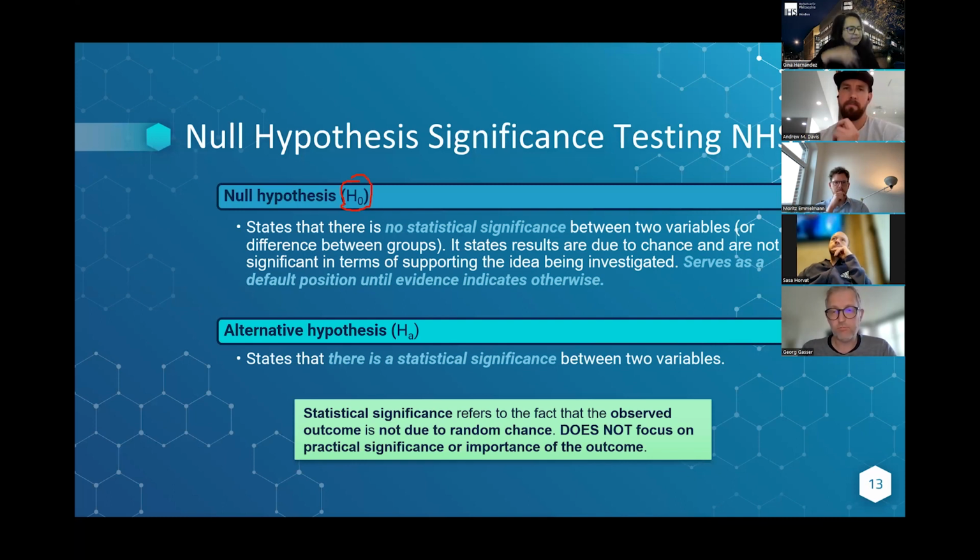Let's say we are testing 10 participants attending psychotherapy, and we have a control group of another 10 people that are not attending psychotherapy. And then we measure the 20 participants after, let's say, 5 weeks or 10 weeks.